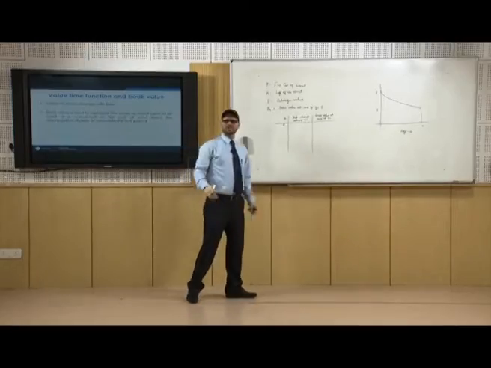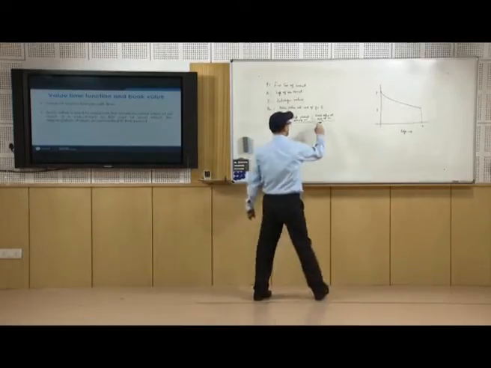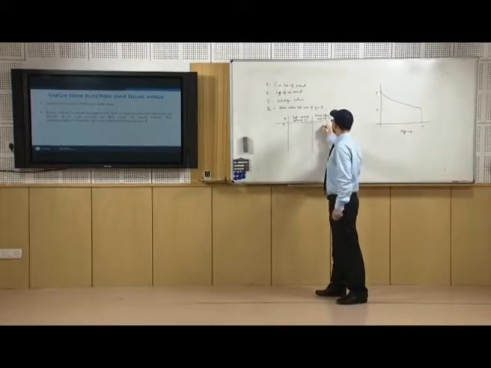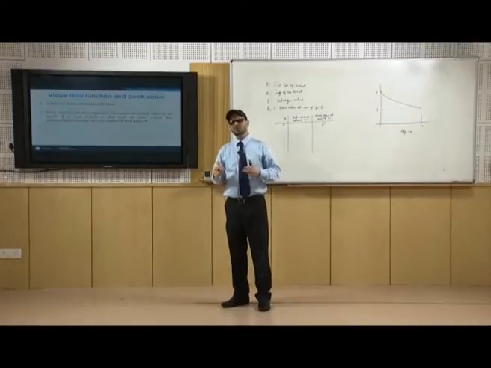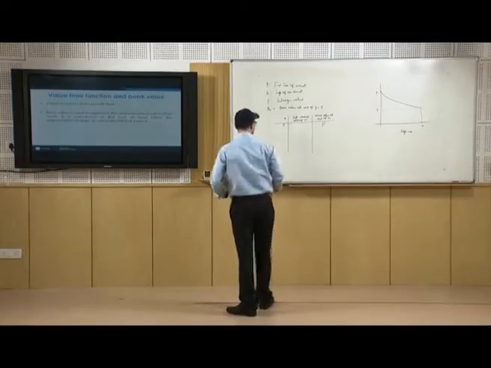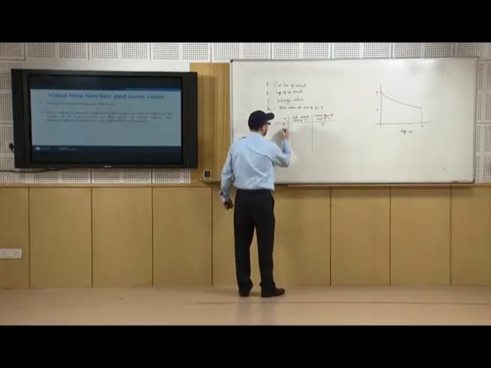At the end of year 0, that means presently, the value is nothing but P. This is the first cost of the asset. Now, let us see the first year.